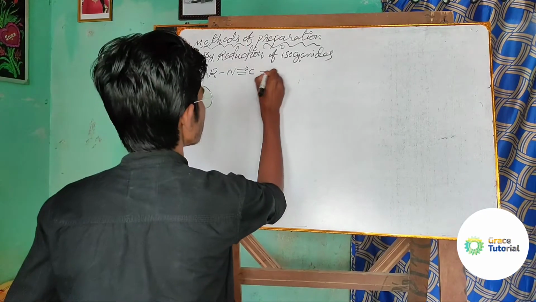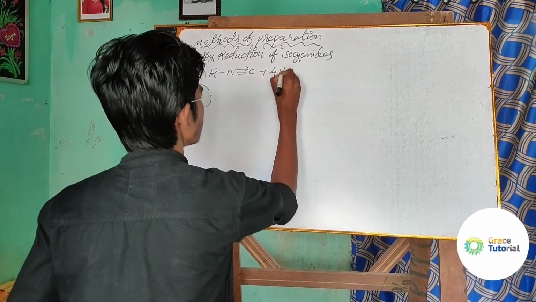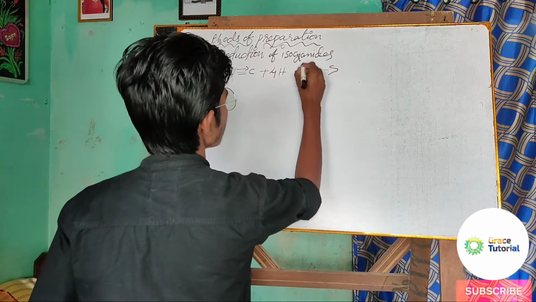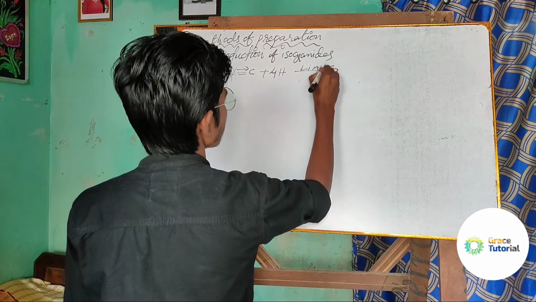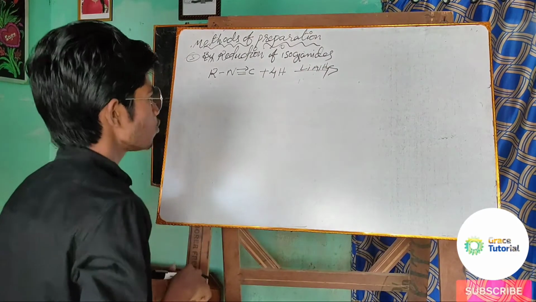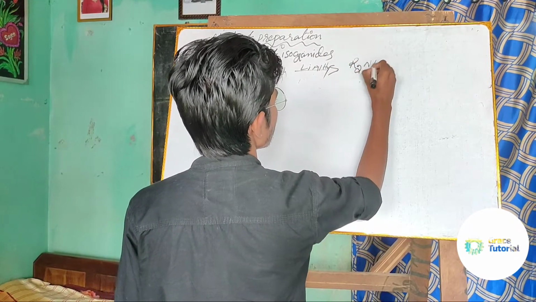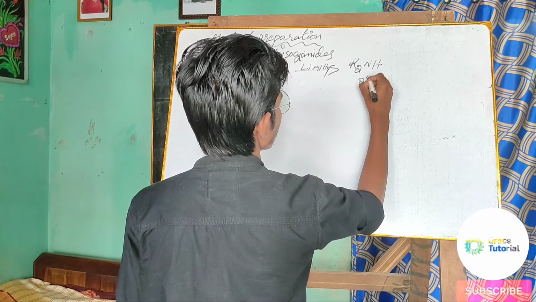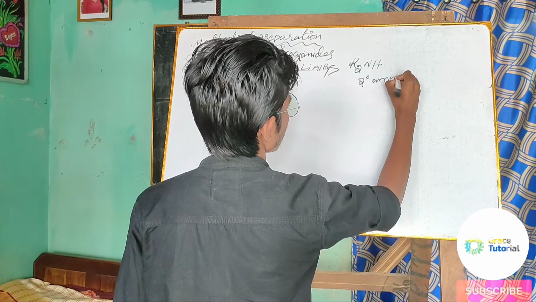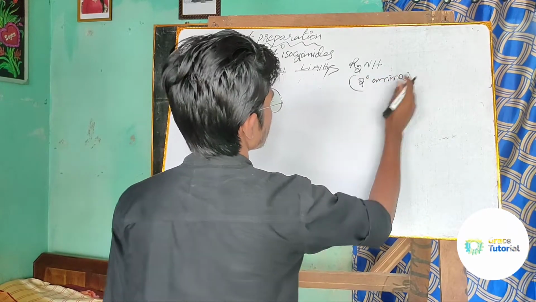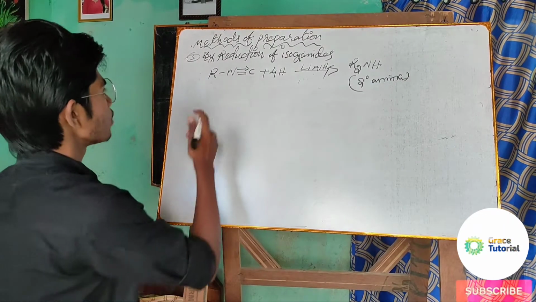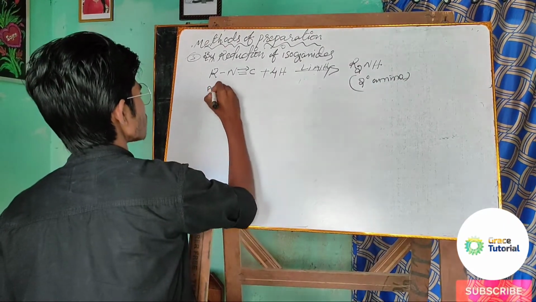So when this isocyanide gets reduced with hydrogen in the presence of lithium aluminum hydride, then what happens? Secondary amine is obtained. This is alkyl isocyanide.